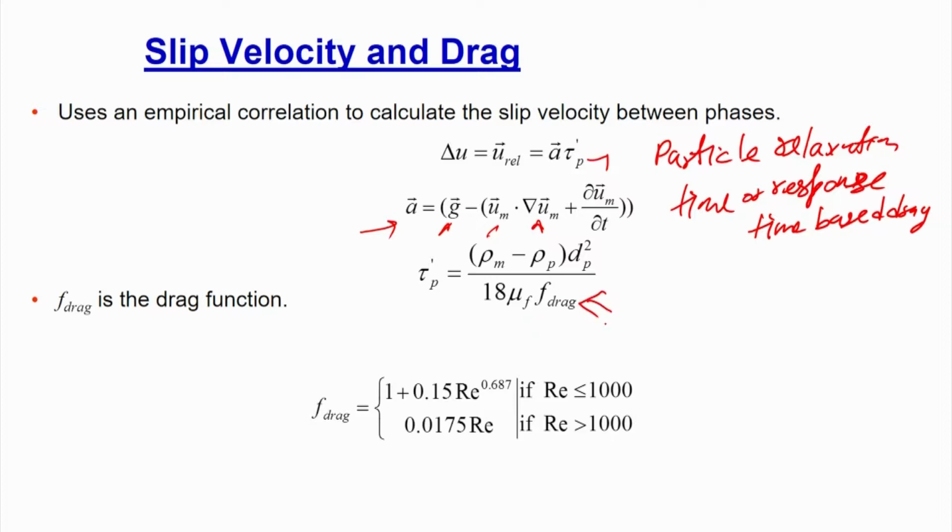We multiply it with the drag factor, which is calculated based on the Schiller-Naumann correlation for Reynolds number less than 1000, and for Reynolds number greater than 1000 it is 0.0175 into Re.